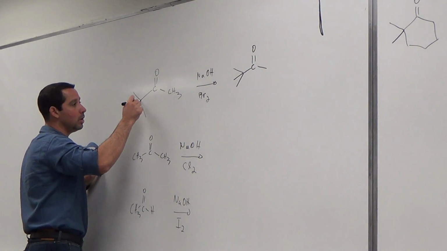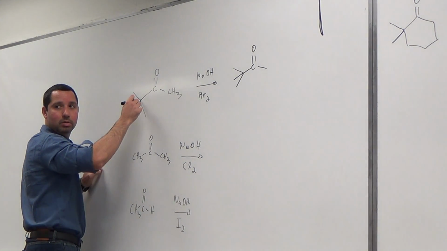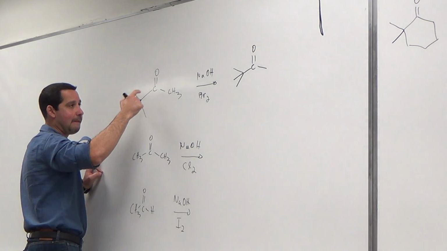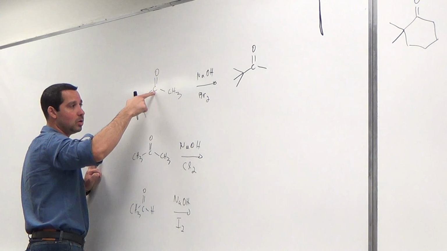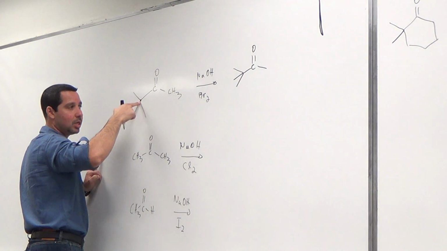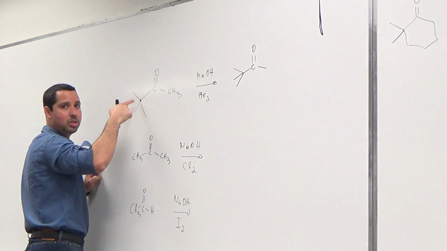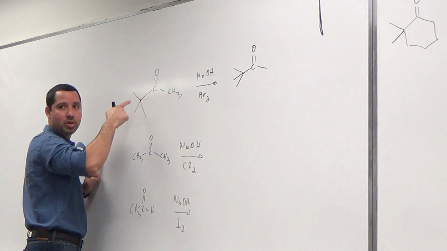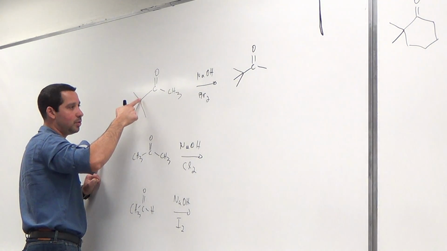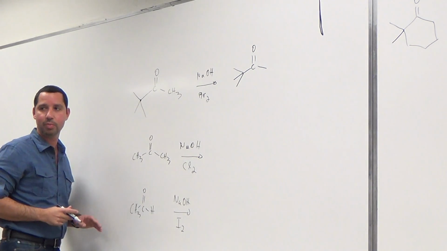This carbon here is alpha. Here is the carbonyl and this is alpha. The alpha carbon does not have alpha protons on it. What it has is a CH3 and CH3, so no protons.